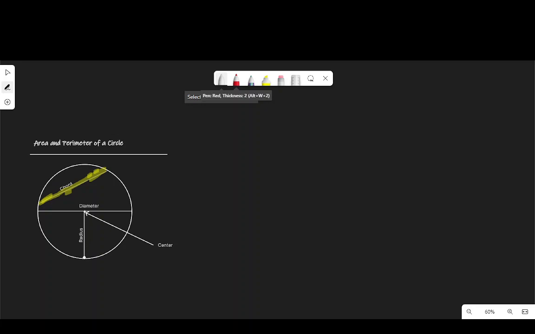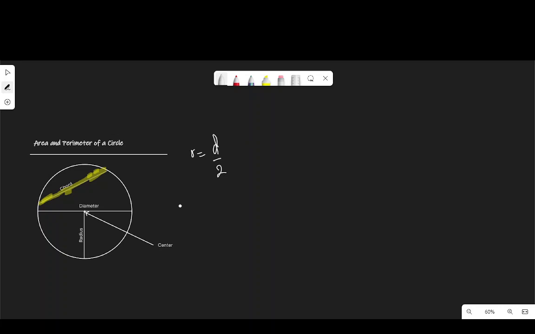This is a radius here. From here to here is also a radius, and from here to here is also a radius. So radius, therefore, is diameter divided by 2. Or in other words, two radii make up a diameter.